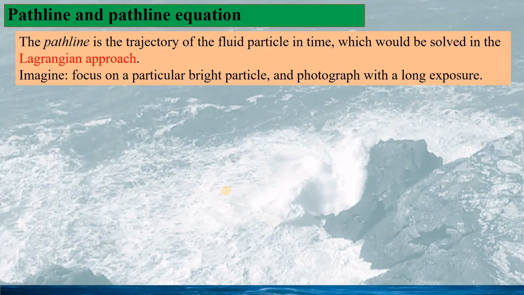A pathline is a trajectory of a fluid particle moving in time in the fluid, which is observed in the Lagrangian approach. So we can imagine that we focus on a particular bright particle and photograph it with a long exposure to see where the particle moves around.